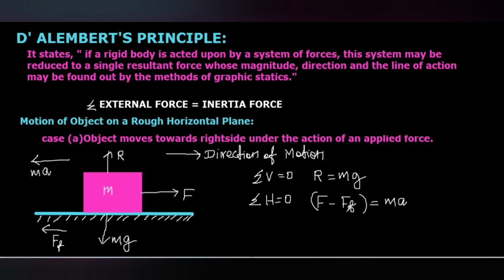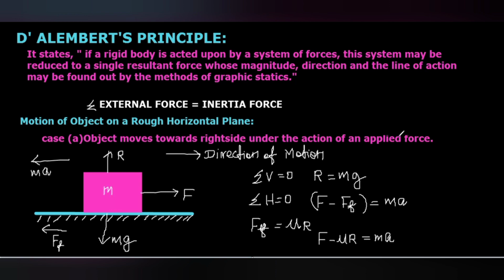Here FF, the frictional force, equals the product of coefficient of friction multiplied with the normal reaction. If you substitute this value, we can write capital F minus mu R equals MA. So this is the analysis of D'Alembert's principle when the object moves towards the right side under the action of an applied force.